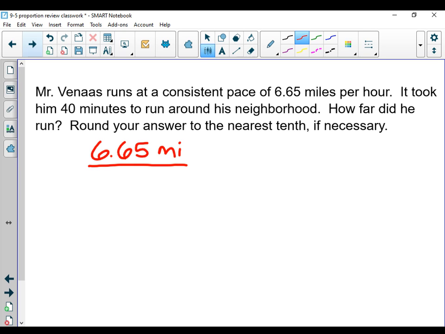But I don't see a bottom number. Per hour? What is per hour? Per hour. 1! Like a unit rate!